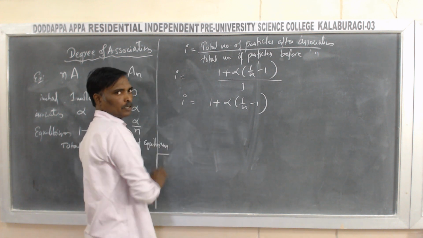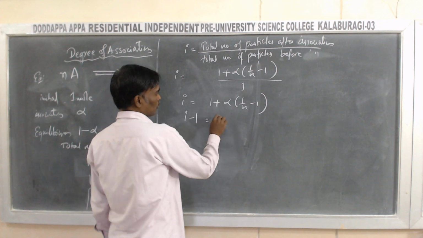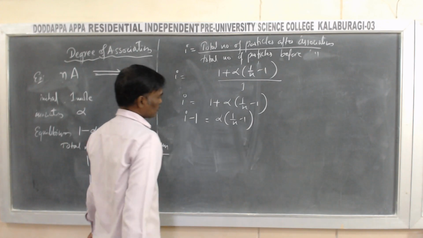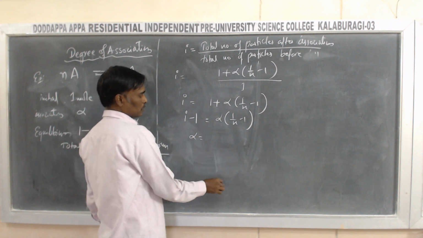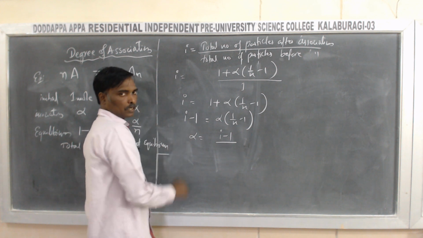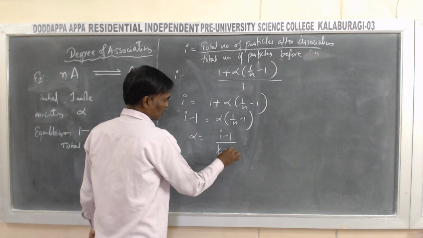If I take 1 on the left hand side, it becomes i minus 1 is equal to alpha into bracket 1 by n minus 1. Then alpha is equal to i minus 1 divided by this term. If I take it to the left hand side, it is written in the denominator, 1 by n minus 1.